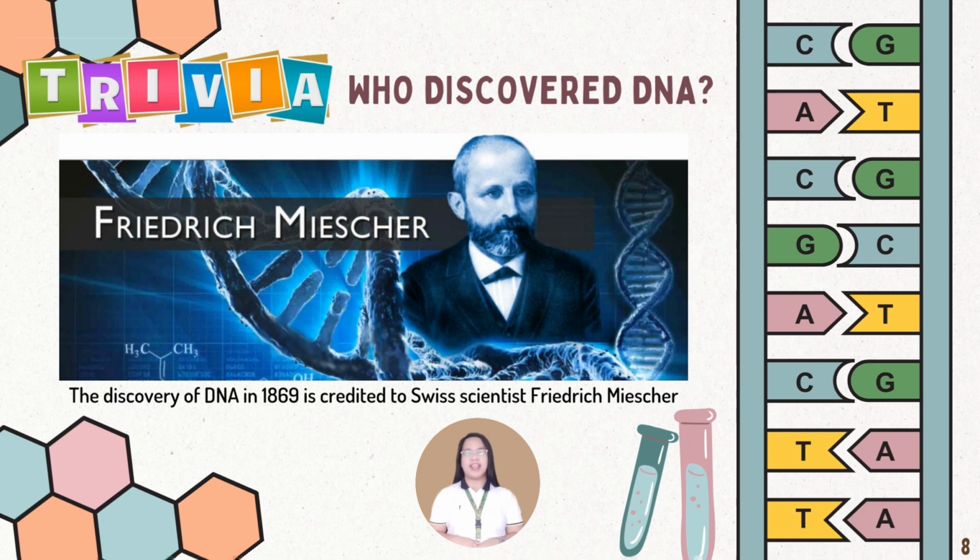The discovery of DNA in 1869 is credited to Swiss scientist Friedrich Miescher. Many people believe that American biologist James Watson and English physicist Francis Crick first discovered DNA in the 1950s. In reality, they are not the first. Rather, DNA was first identified in the late 1860s by Friedrich Miescher.